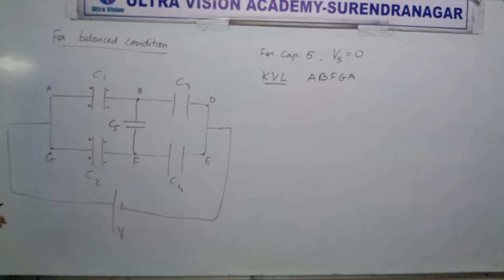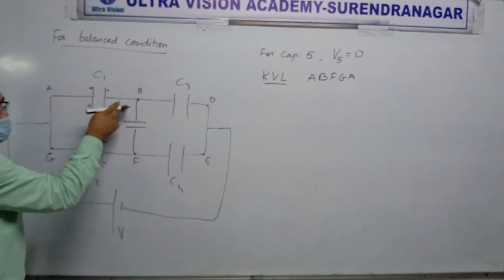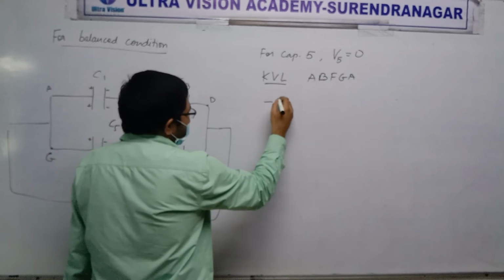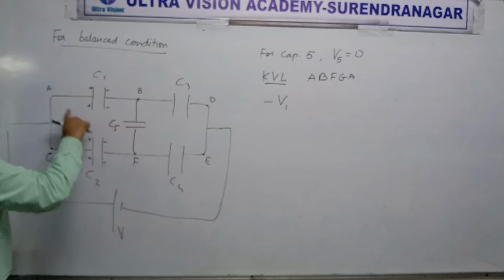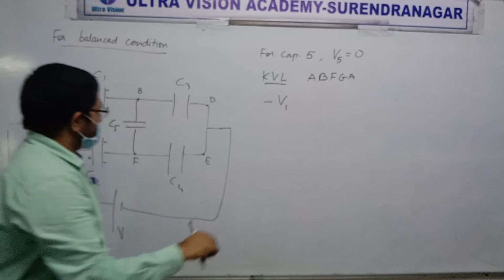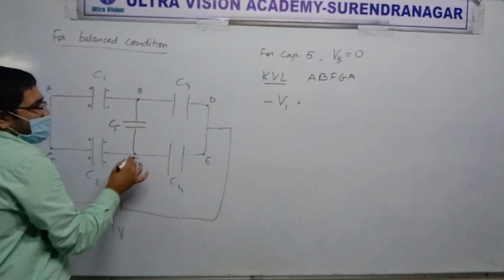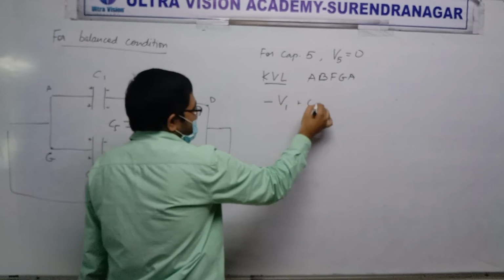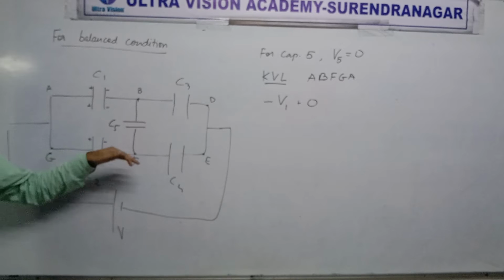So let's start. A to B: you are going from higher potential to lower potential, so I should write minus V1. Plus, now we have to go from VB to VF, the potential difference is 0. When we use Kirchhoff voltage law, we are adding potential differences.